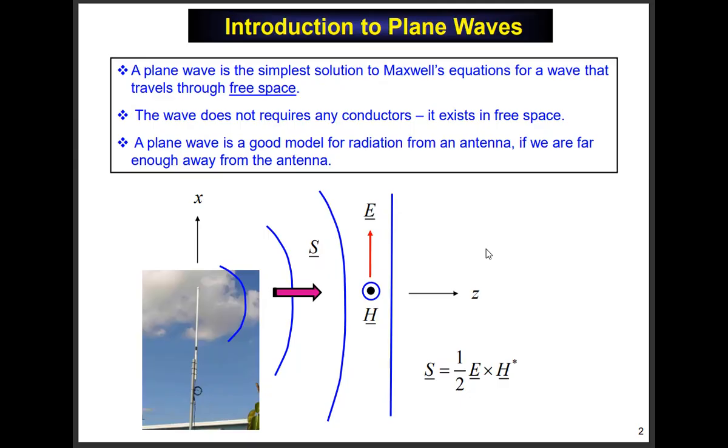Which means antennas. Now notice that the plane wave, unlike a transmission line, doesn't require any conductors to guide it. It just exists, travels or propagates, if you will, in free space. It's perfectly happy to travel in vacuum. That's one of the beautiful things predicted by Maxwell's equations, that you can have a solution traveling through just vacuum.